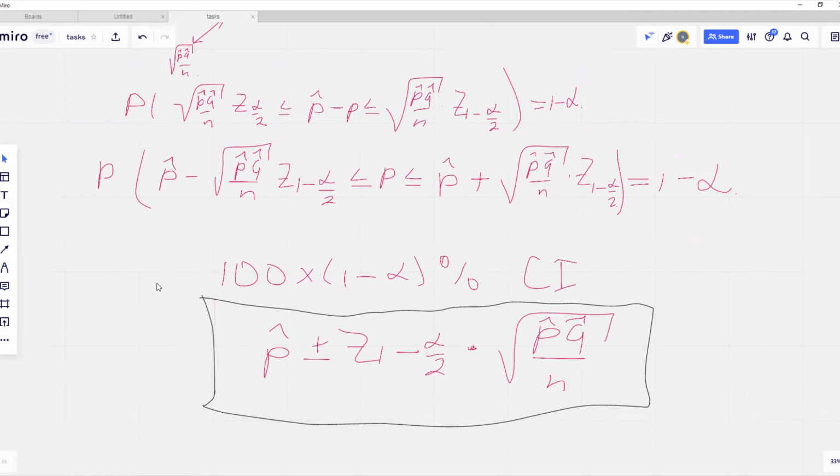Now, in case when sample size is small, we can use exact methods that are provided in the chapter in the book, but we are going to skip this. We'll assume that everything is nice and simple and asymptotic assumptions hold.